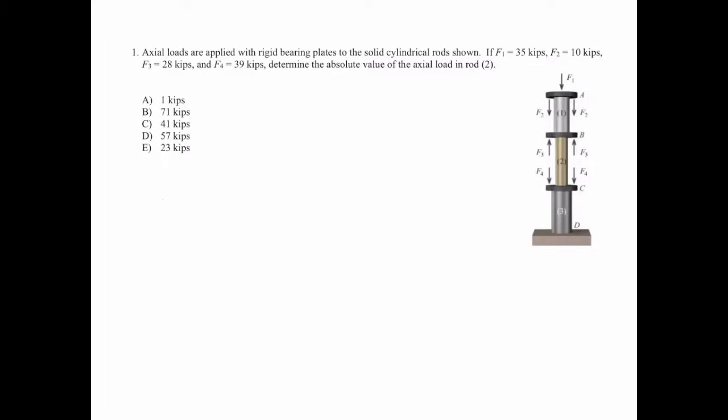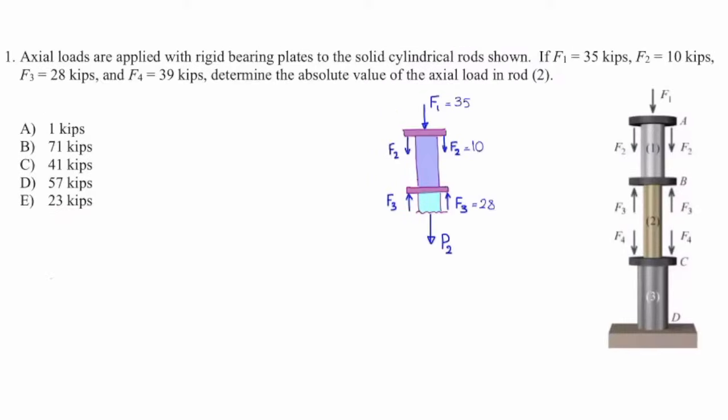Okay, so here we are looking for the absolute value of the force. It's a free body diagram problem. So I'm going to cut element number 2, as we see here, put all forces and try to write the equilibrium equation. Here, the sum of the forces in y direction will be used. If I start from top, I would have 35 with a negative sign.